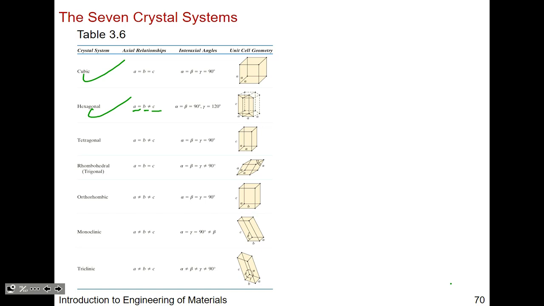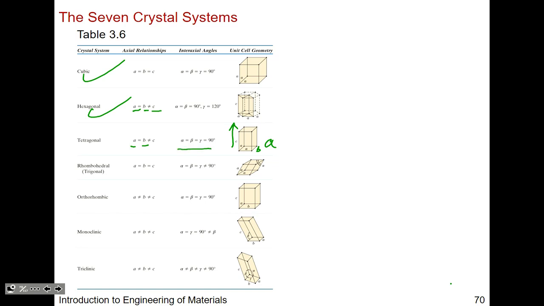That looks like cubic, but one of the sides is not the same. That could be tetragonal, so A is equal to B, but not equal to C, because C is a little bit longer. But the angles are all 90 degrees.